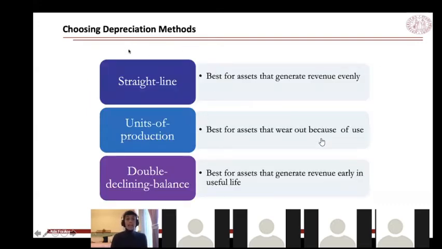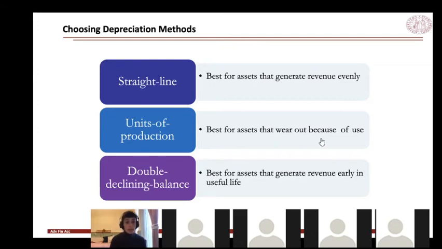So as I said, the general idea is that we should be choosing the depreciation method that is more suitable for the kind of asset that we are using. For instance, the straight line method is best for assets that generate revenue evenly, while the units of production is better for assets that wear out because of their use.